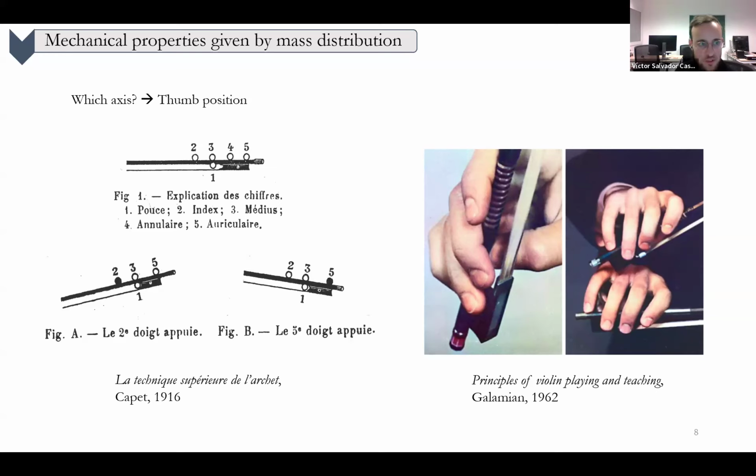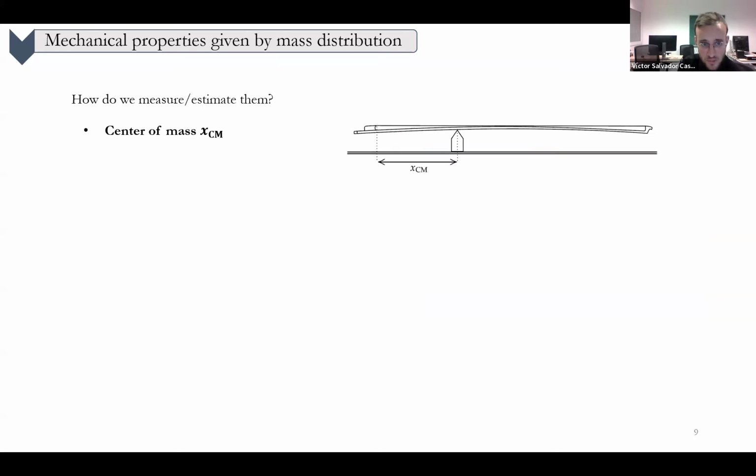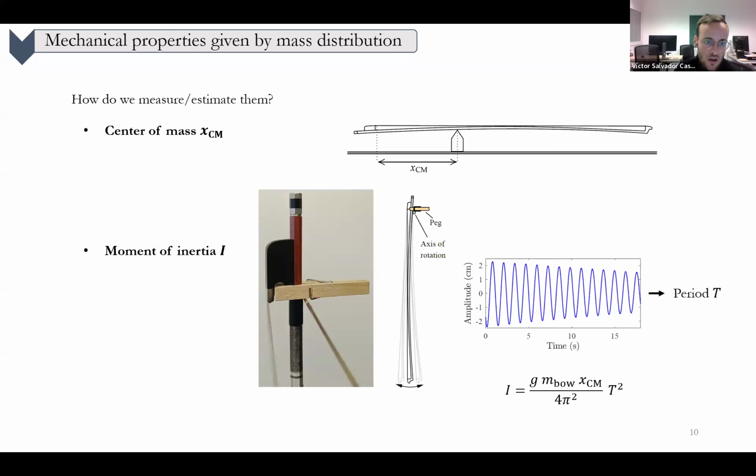And most importantly, how do we measure these mechanical properties? Well, for the center of mass, it's quite straightforward. We just have to check where the bow keeps its balance when we hold it, as pictured here in this figure. And for the moment of inertia, we can estimate it by letting the bow oscillate freely around the specific axis that I was talking about.